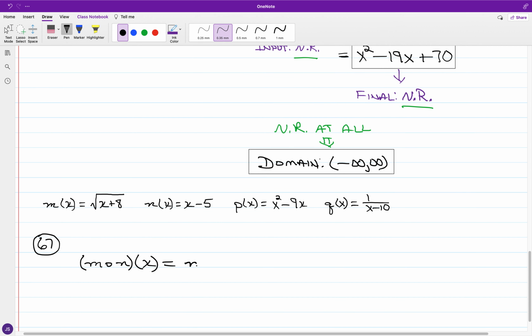Clustering together, we have m of n of x, and n of x is x minus 5. For the follow through, the output is going to be in accordance with m of x, where m of the input is equal to the square root of the input plus 8.